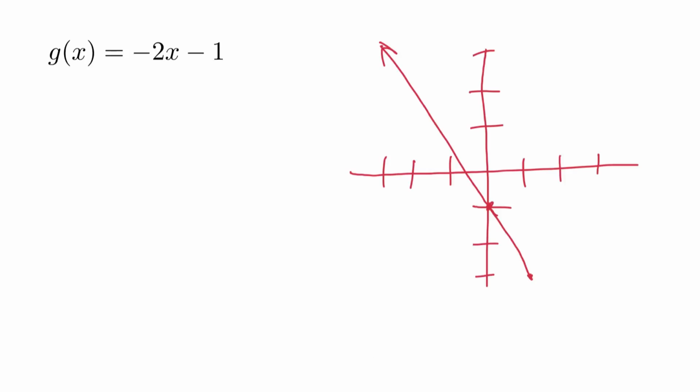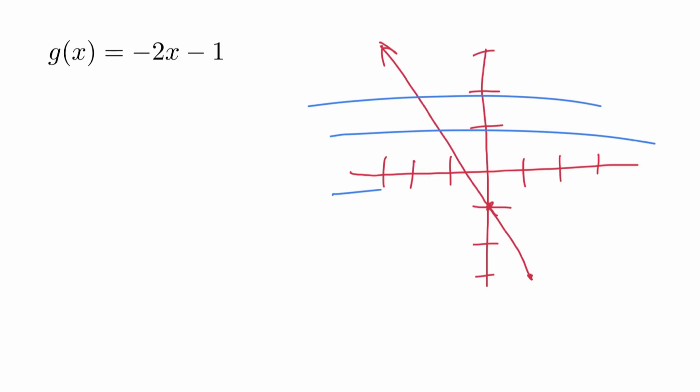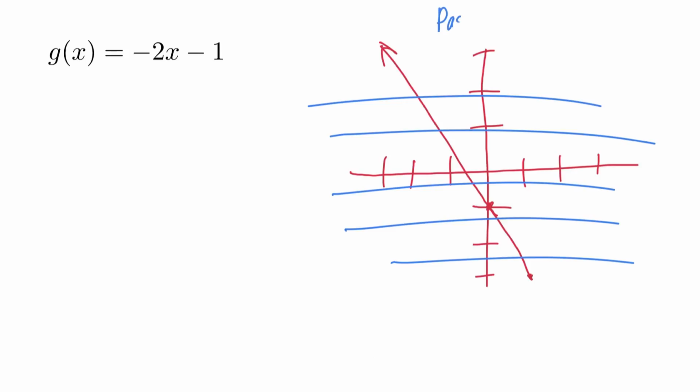And now I ask, does it pass the horizontal line test or not? So I draw some horizontal lines. It appears to pass. Okay, so the inverse exists, and how do I find it?